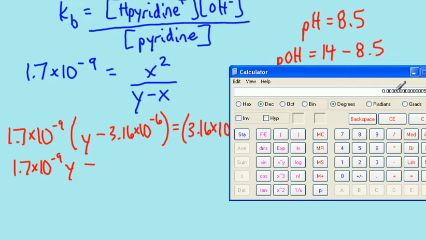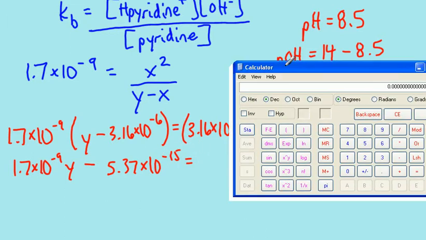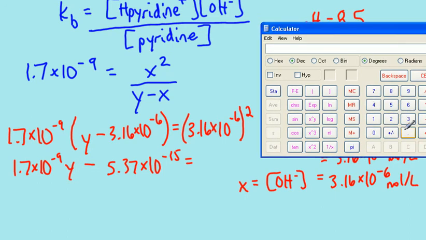Oh my, 3, 6, 9, 12, 15, so 5.37 times 10 to the minus 15, and that's equal to this number squared. So I get 9.99 times 10 to the minus 12.